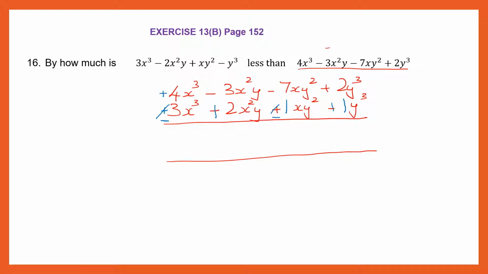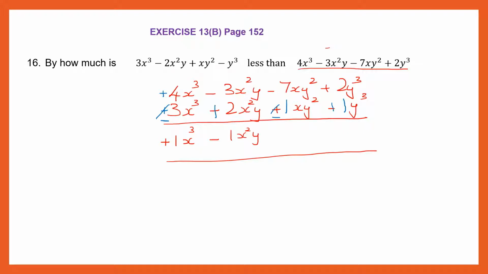Okay, now we're going to work out the sums. Plus 4 minus 3. When signs are different, put the sign of the bigger number and subtract. 4 minus 3 is 1x cubed. Here also signs are different. Put the sign of the bigger number and subtract the numbers. 3 minus 2 is 1 and write down the literal coefficient as it is.